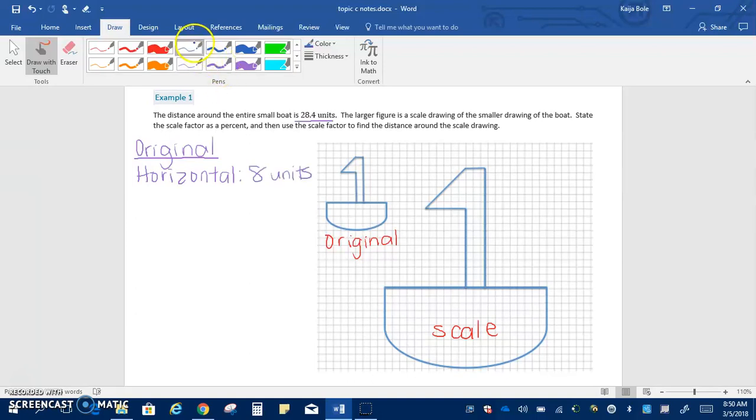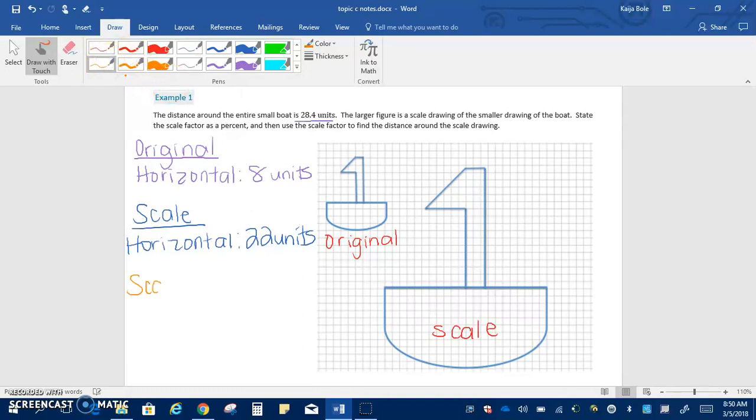Alright, and then if we do the scale, and we do the horizontal drawing here, and we measure that across, we get 22 units. So we want to use those to help determine our scale factor.